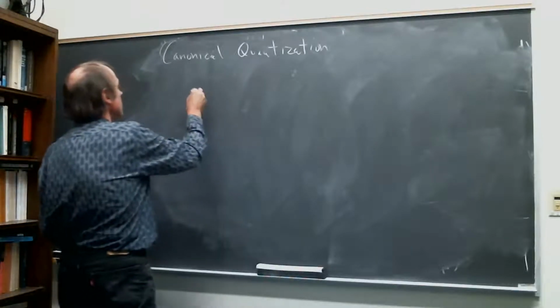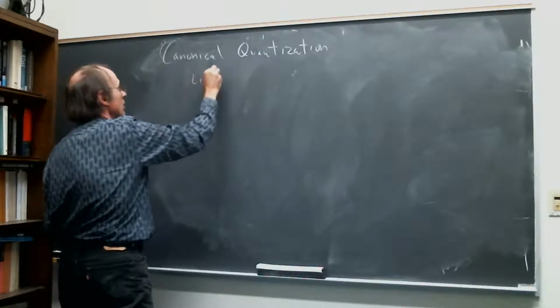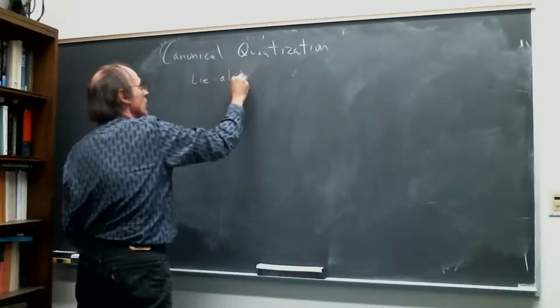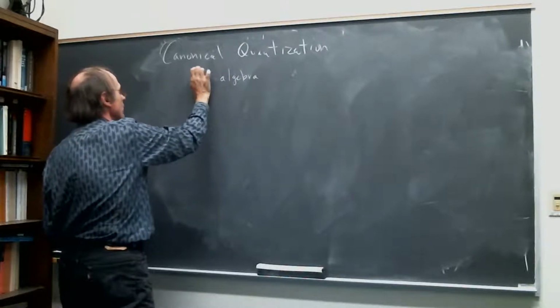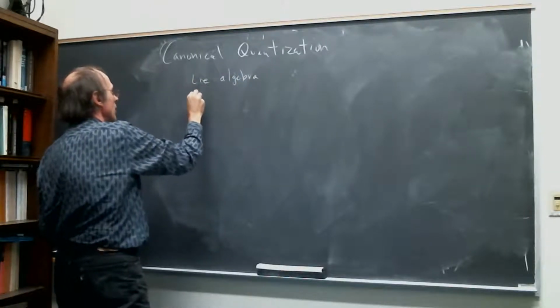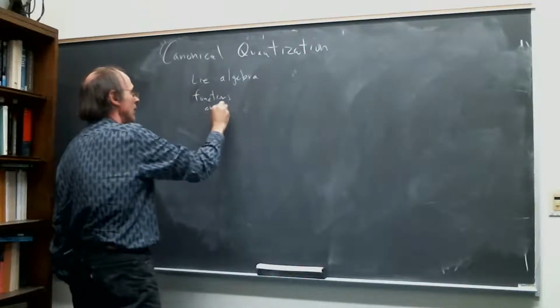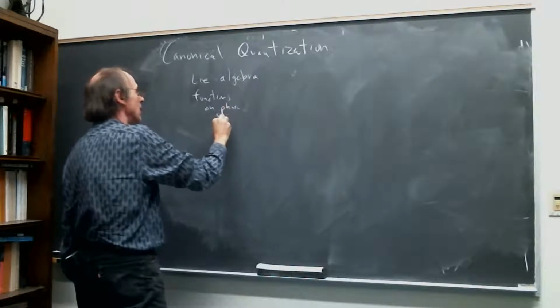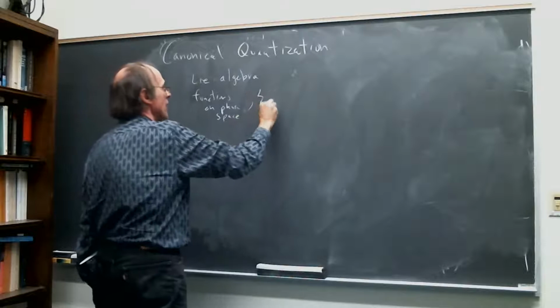What this says is that you have a Lie algebra, which is really functions on phase space with a Poisson bracket.